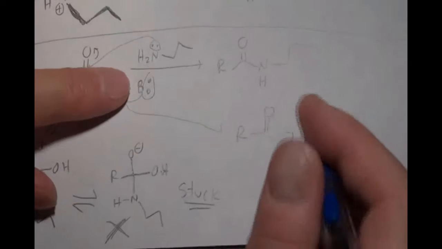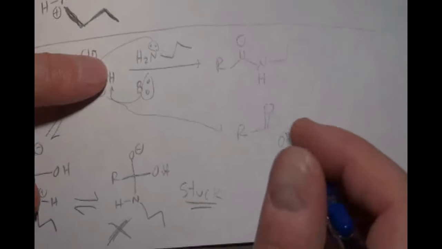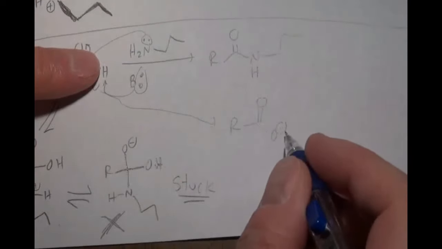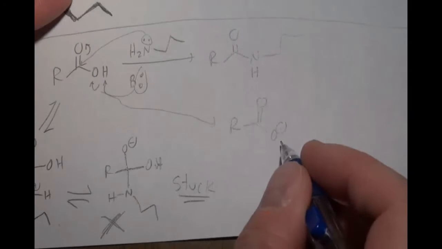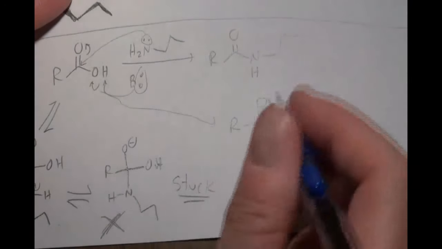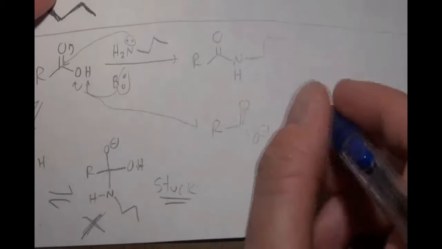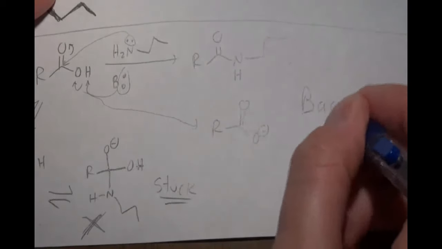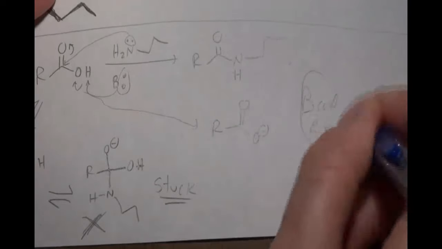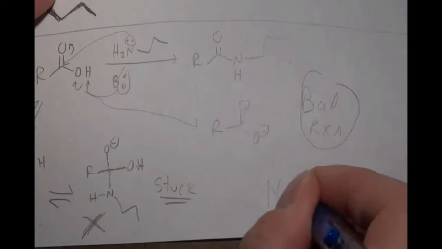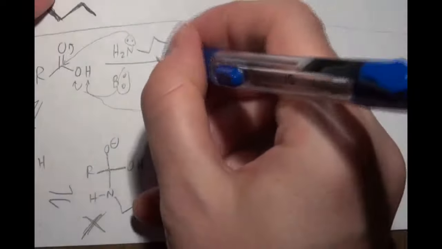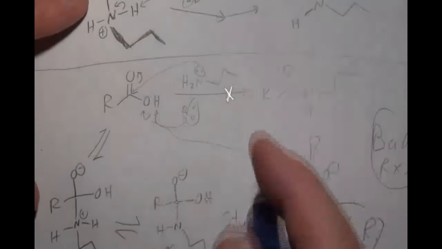And the carboxylate is not a leaving group at all, and so it can't go any further. Everything's just bad here. This is bad. Bad reaction. NR. No reaction. So put a big X in the arrow. This is just bad in multiple ways.